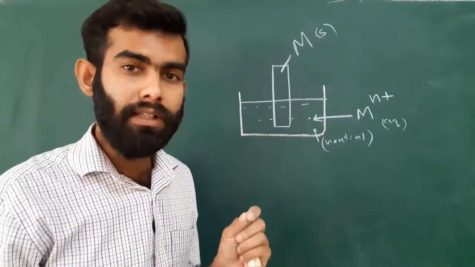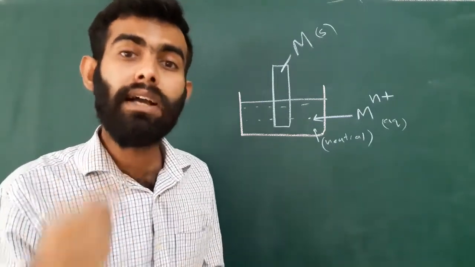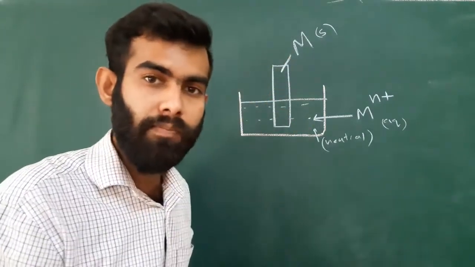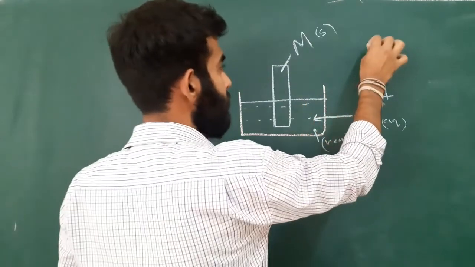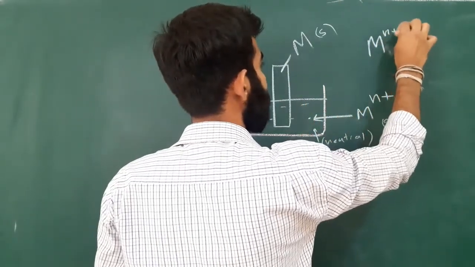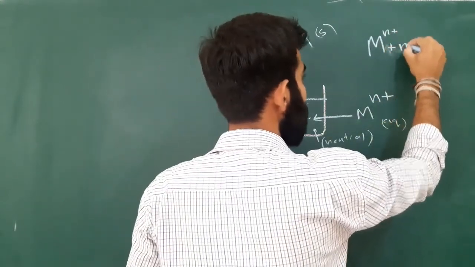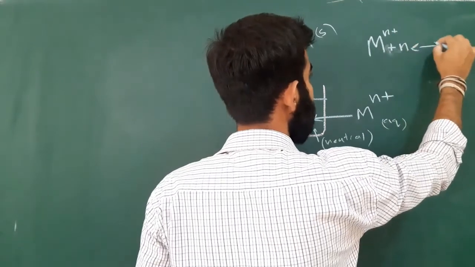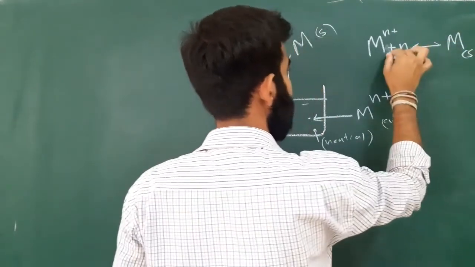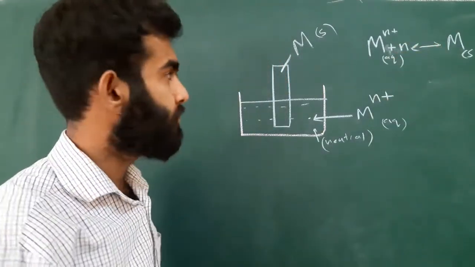The preferable equation is the reduction equation. So what will be the reduction equation? M n+ electrolyte or ion will get n number of electrons from anywhere and it will convert into M, solid, here aqueous.